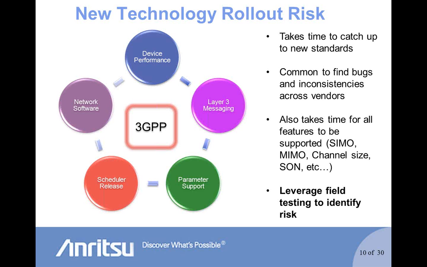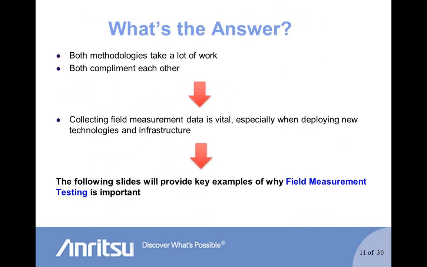All those things come into play, right? And so the only way is testing, take that data and make sure you work with your vendors to establish that process. Next slide.